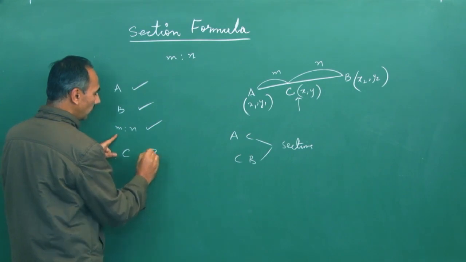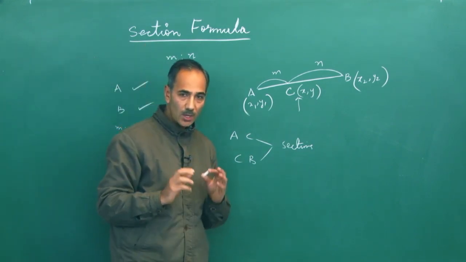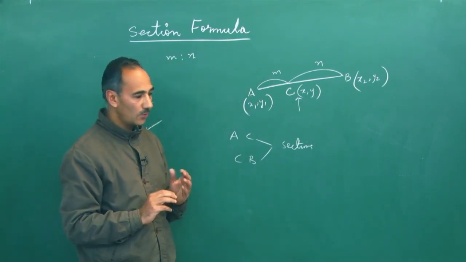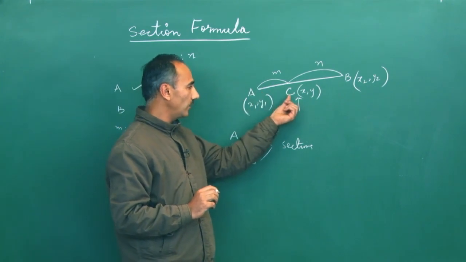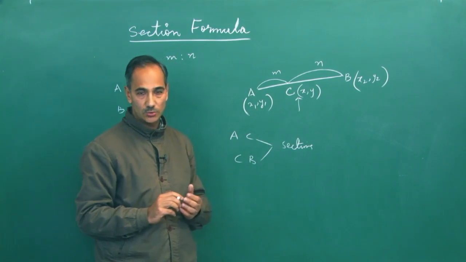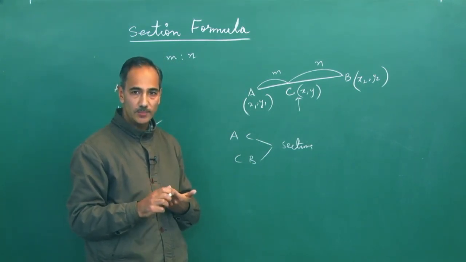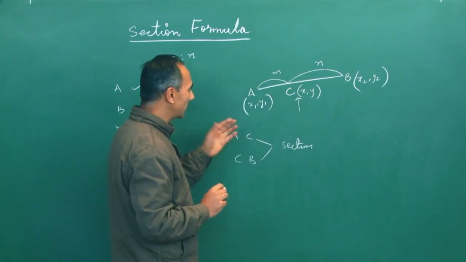So this is missing for me. In such a situation, I will make use of the section formula. So in short, the section formula is a formula that helps you to find the coordinates of a point of division which divides the join of A and B in a certain ratio. The coordinates of A are given, the coordinates of B are given, the ratio is given, so then you could find the coordinates of C.